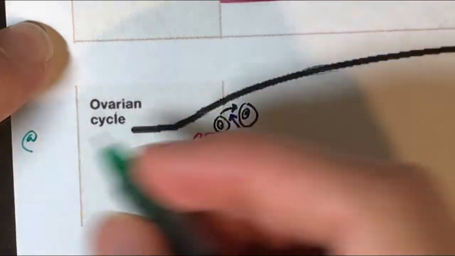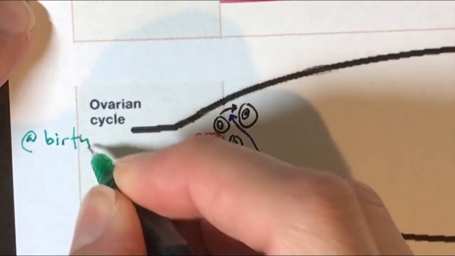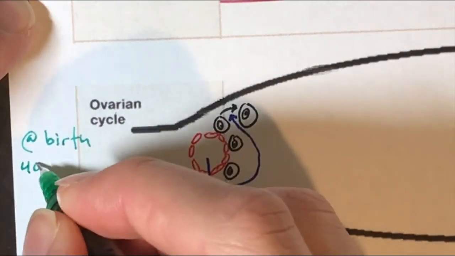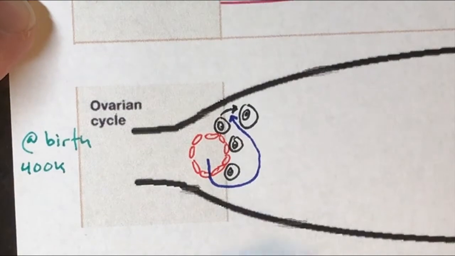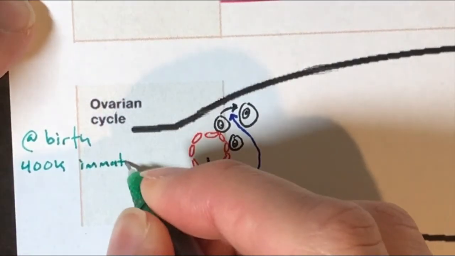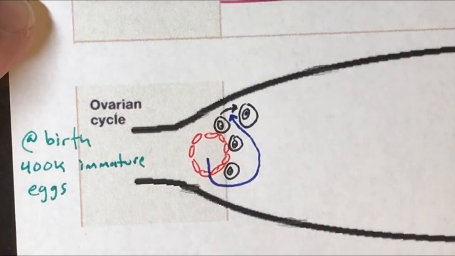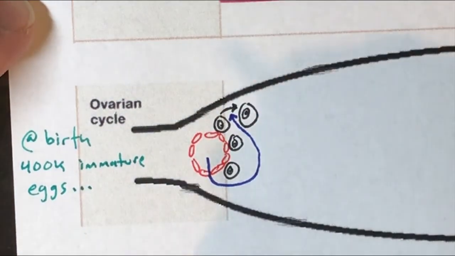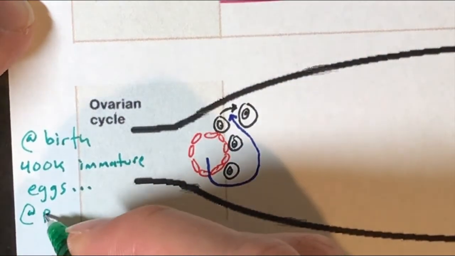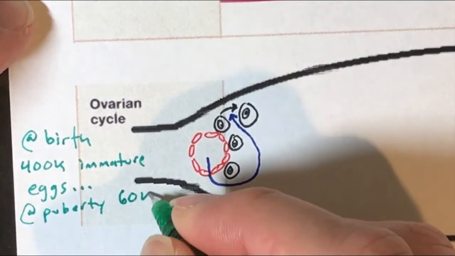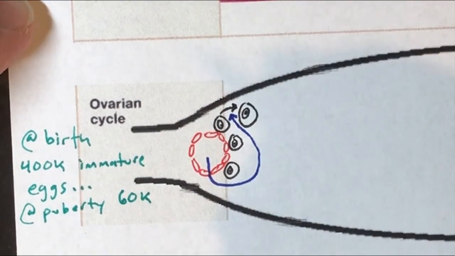When a female is born, so at birth, a female has 400,000, or 400K, immature eggs in her ovaries. But by the time puberty hits, there's going to be more like 60,000, or 60K, that are left over.